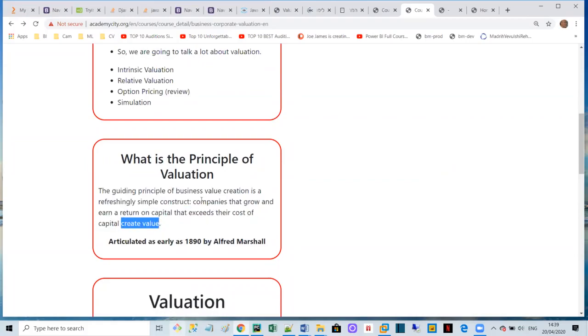Companies that grow. Is that enough, by the way? If you see a company growing, are they creating value? Anybody? Yeah, if they're growing, it's probably because they're creating value. How about if I tell you, you have a little shop and you're selling ice cream, okay?